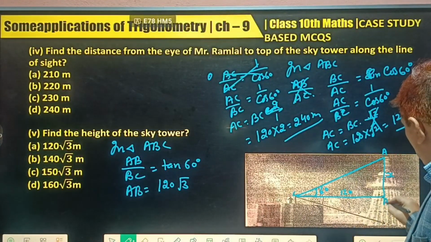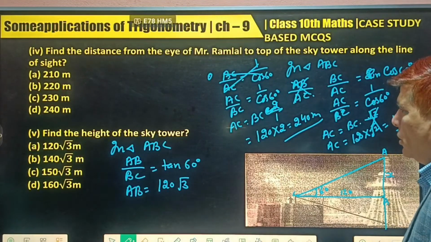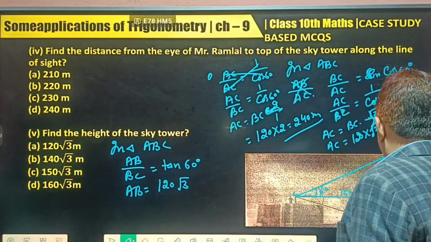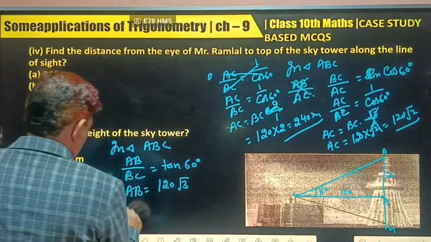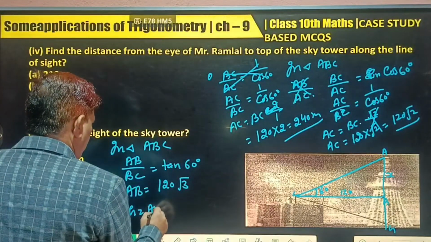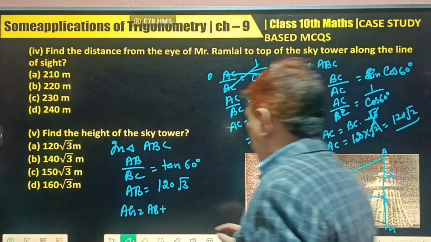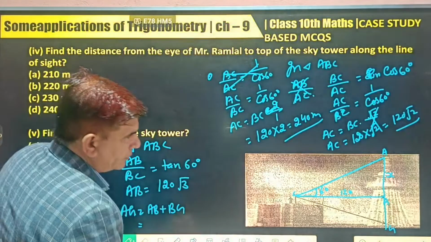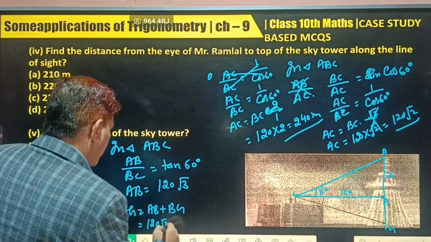We have to find out the complete height. So we can say AG is equal to AB plus BG. What's your AB? AB is equal to 120 under root 3.